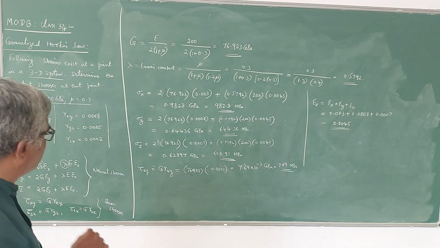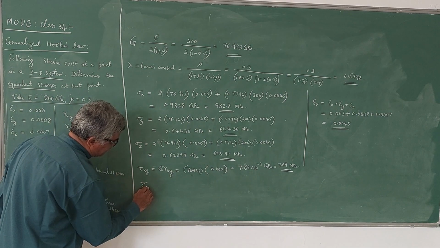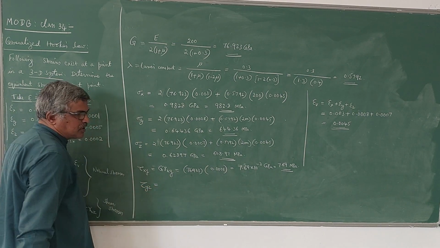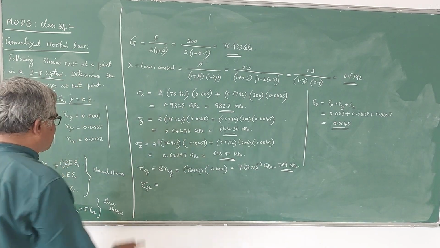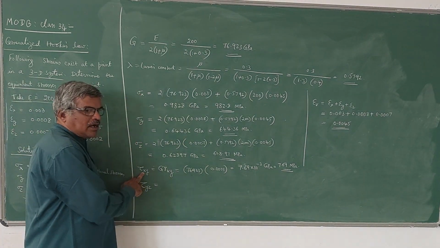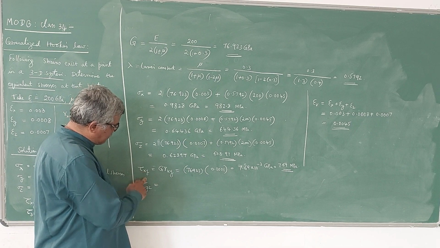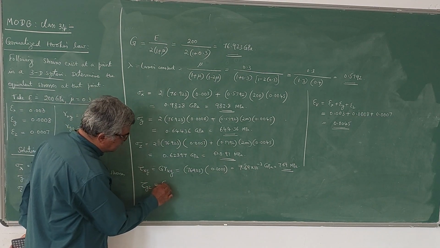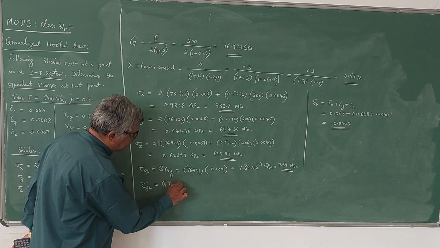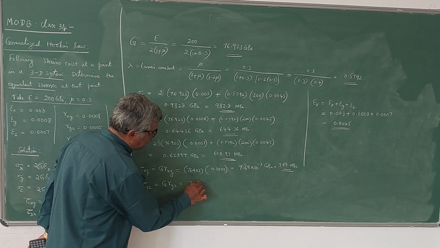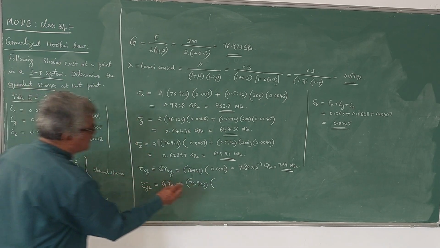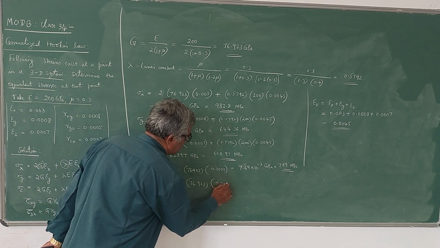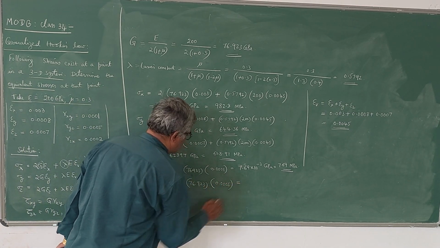Next, we need to find tau yz. Shear stresses always act tangential to the plane. This is the shear stress acting tangential in the xy plane. This is the yz plane. G into gamma yz. So G is 76.923 into gamma yz, which is given as 0.0005.